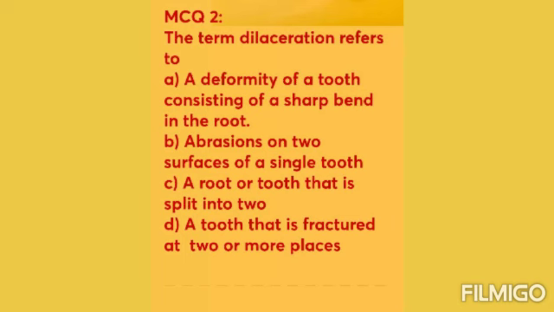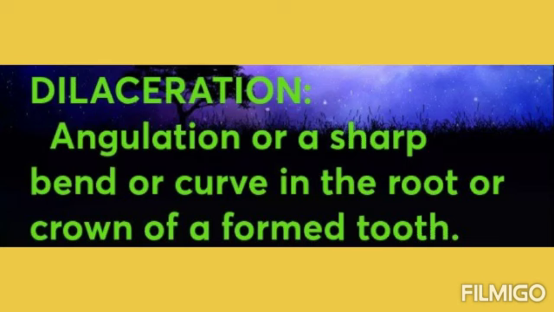The second question is, the term dilaceration refers to option A deformity of a tooth consisting of a sharp bend in the root, option B abrasions on the tooth surfaces of a single tooth, option C a root or tooth that is split into two, option D a tooth that is fractured at two or more places.